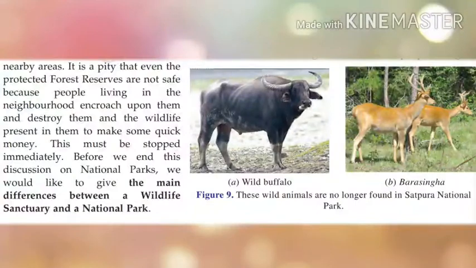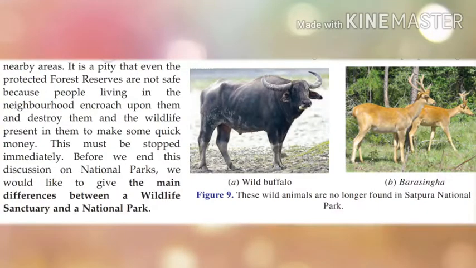But, dear students, it is a pity that even the protected forest reserves are not safe, because people living in the neighborhood encroach upon them and destroy them and the wildlife present in them to make some quick money. This must be stopped immediately, isn't it?